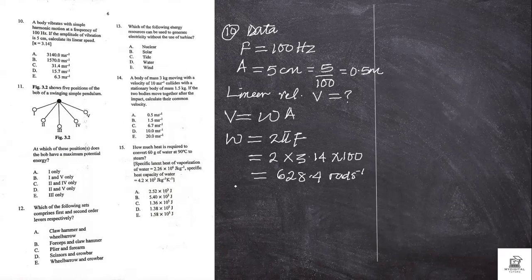When you're done with this, come back to the formula, v equals omega A. Now we have our omega, which is 628.4, multiplied by the amplitude, which is 0.05. So press your calculator. That should give us 31.42 meters per second. So that is option C, 31.4 meters per second.